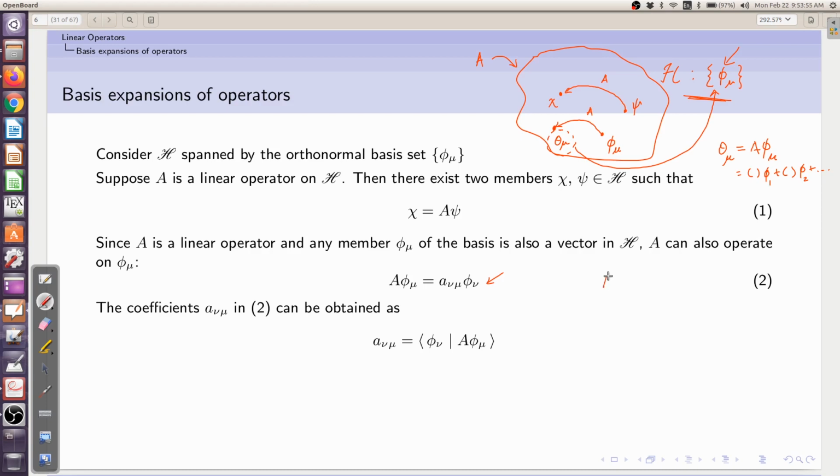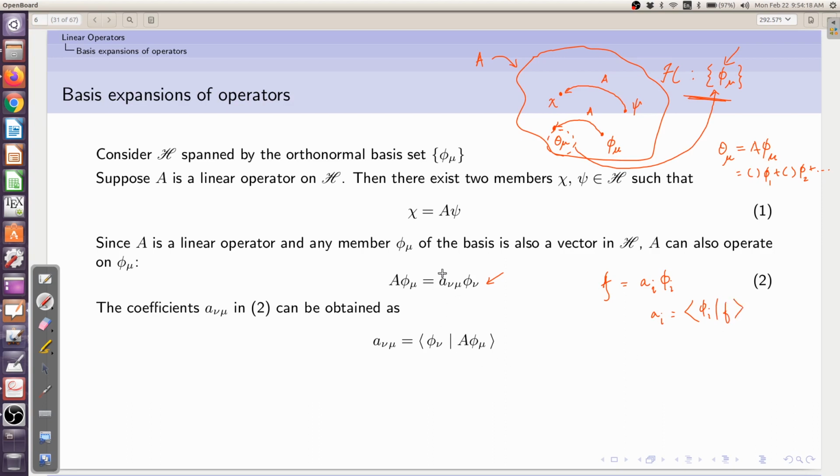If I have an element of this vector space F, it can be expanded as a sum of a_i phi_i. And how do you get these a_i's? We get them simply by taking the scalar product of these phi_i's with this function f.